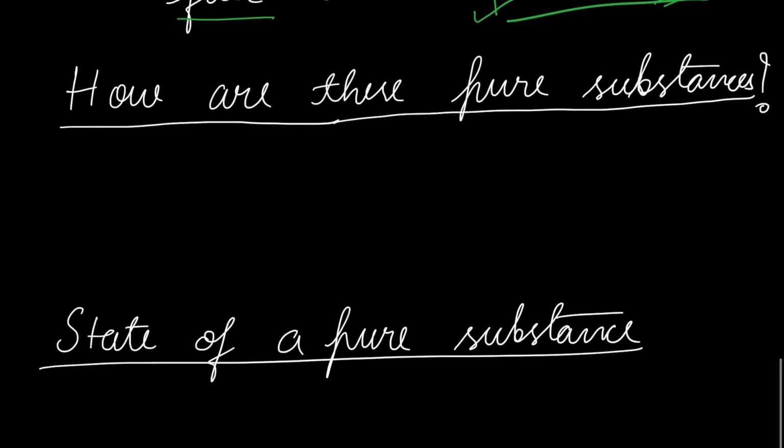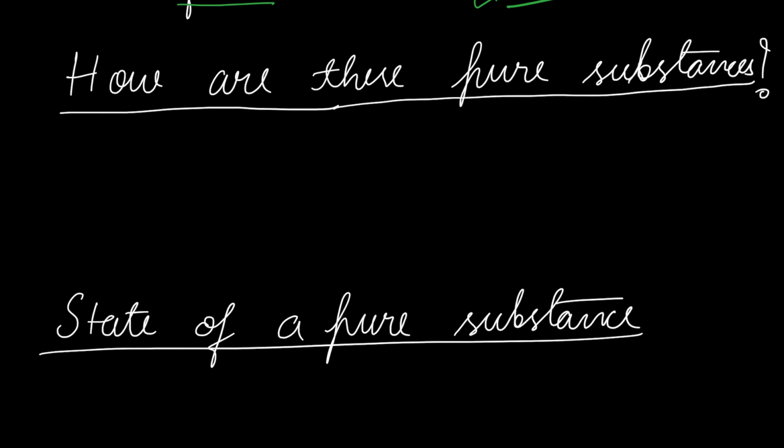Now we are talking about pure substance. Another important thing in pure substances, the state of a pure substance. Now, the state of a pure substance of a given mass can be fixed by specifying two properties, provided the system is in equilibrium.